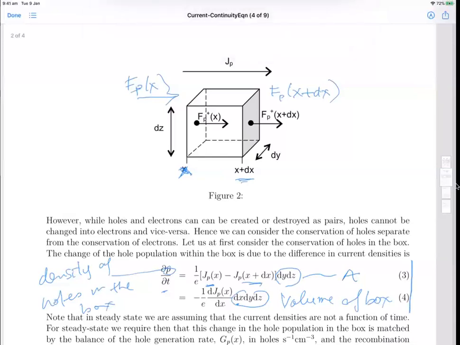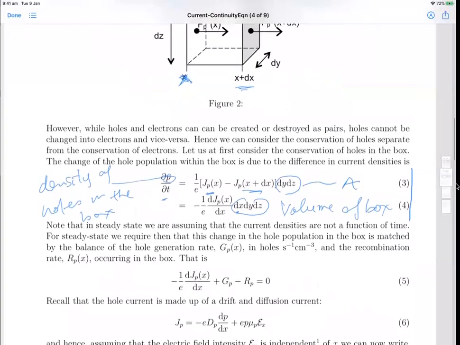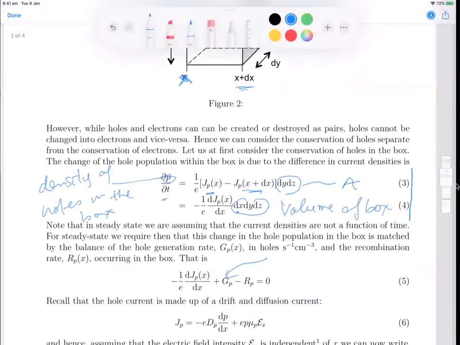Now, we can equate these two. Essentially, we have a generation term, and we have a recombination term. And in steady state, we expect there should be no change in the population of the holes inside our box.